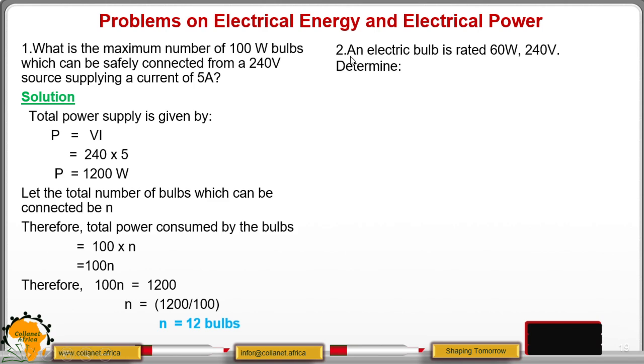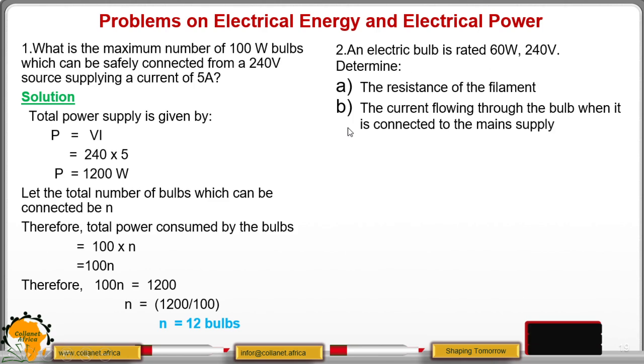Then number 2, an electric bulb is rated 60 watts, 240 volts. Determine the resistance of the filament. Then determine the current flowing through the bulb when it is connected to the mains supply. We proceed as follows. We have seen that power can also be calculated by V squared over R. We have V, we have power, we have only R as our unknown.